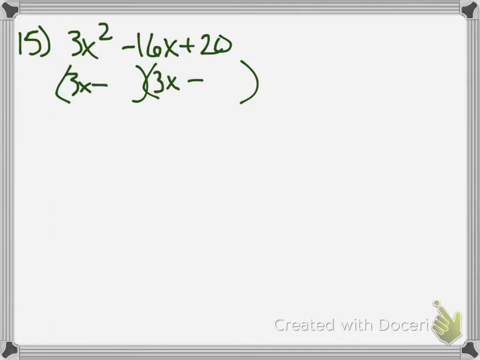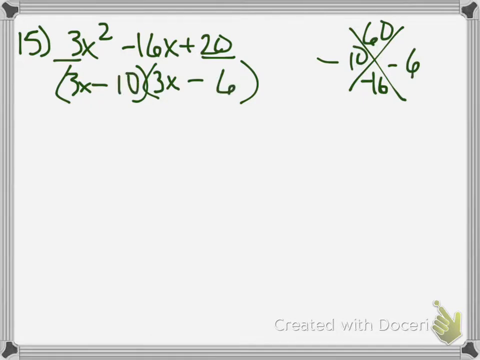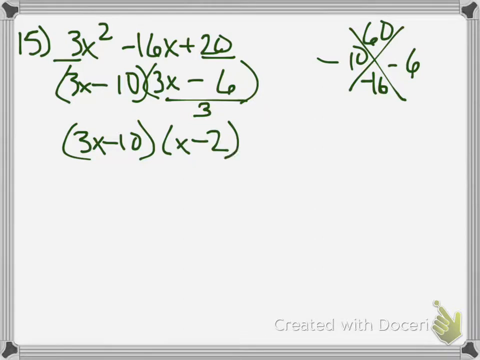Minus plus is a minus, minus. Multiply the numbers on the ends, so I'm looking at 60. I'm looking for two numbers that multiply to give me 60 and add up to 16. So 10 and 6 would work. And again, one of these has an extra 3 temporarily, this one did. So now I get (3x minus 10)(x minus 2).